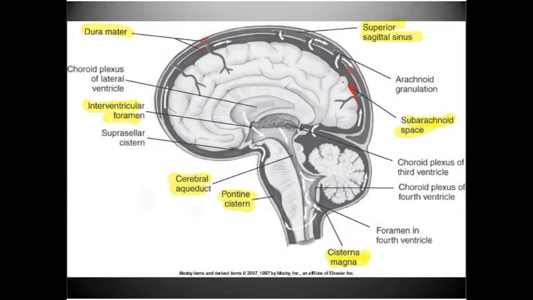We also have what appears to be the lateral ventricle here. Let me erase that.